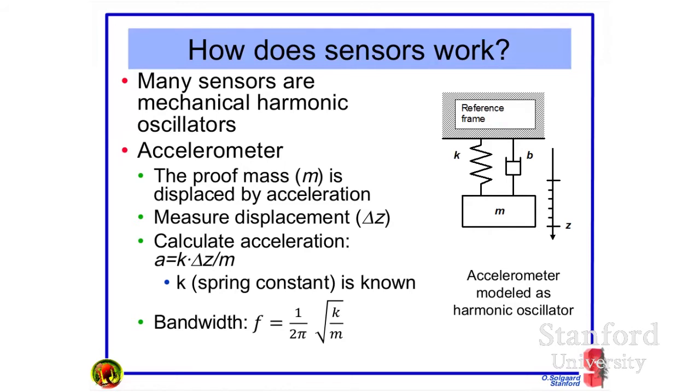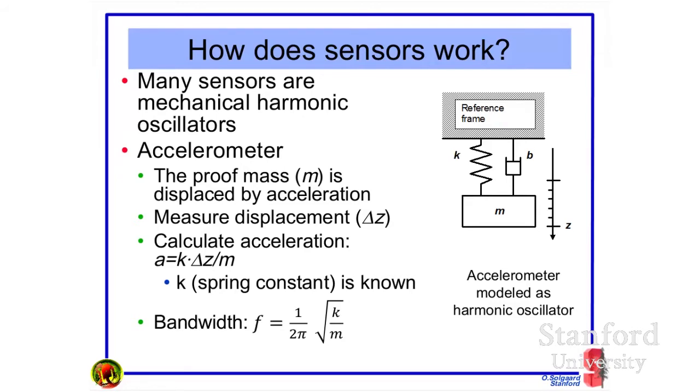And then there is something that we didn't really have in our experiment. I asked you to just eyeball how much the thing moved, and that's some kind of measurement for how much the mass is actually displaced. So if I model an accelerometer this way, then I have a proof mass m that is going to be displaced by acceleration. I accelerate the whole system, I get a displacement of m that gives me a force m times a, and that has to equal the spring force.